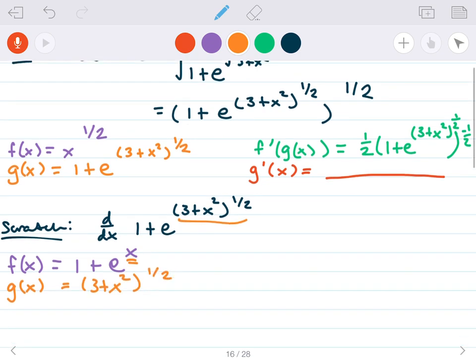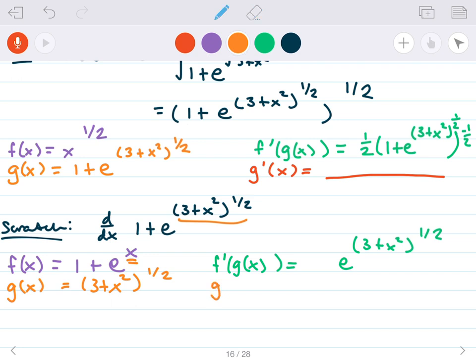So f prime of g of x is the first part of my chain rule. So I just have 1 plus e to the 3 plus x squared to the 1/2, right? Because the derivative of e to the x is just itself. And actually, I can get rid of this 1 because the derivative of 1 is just 0.